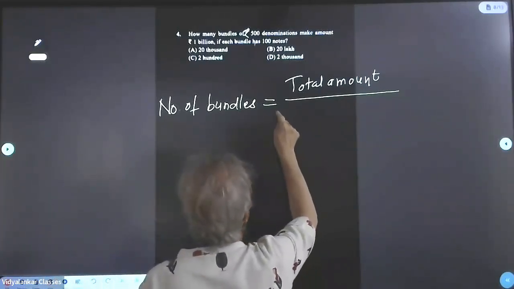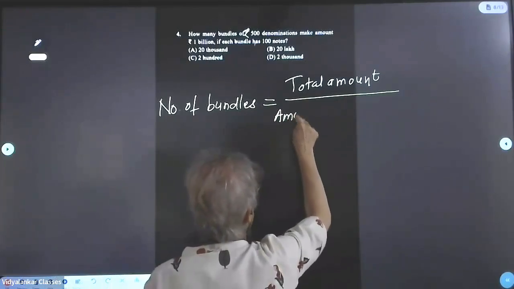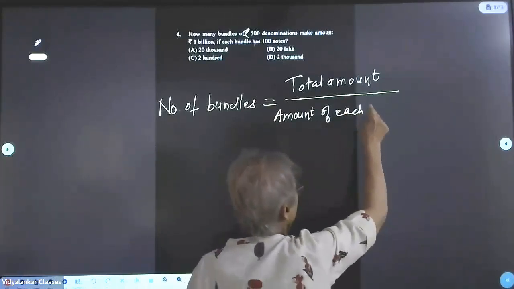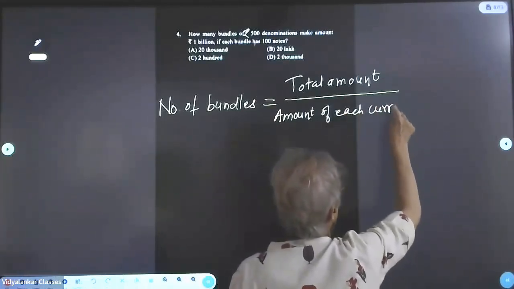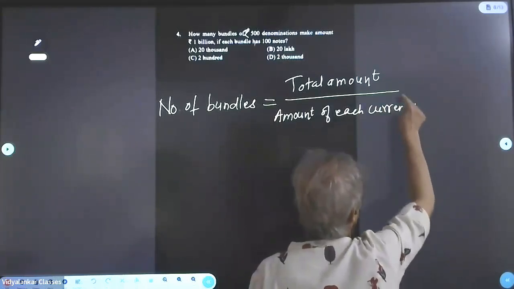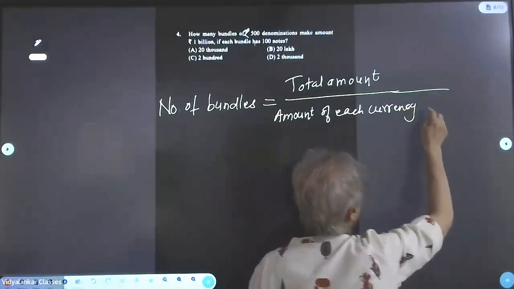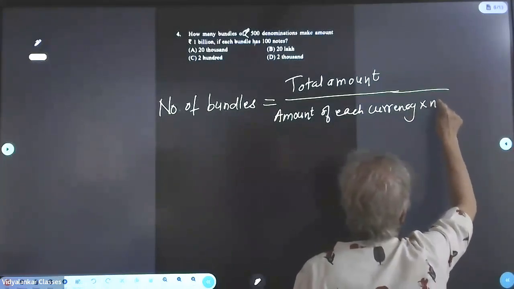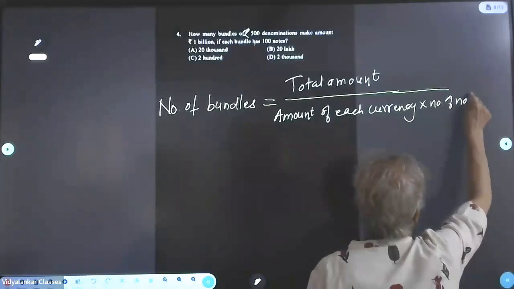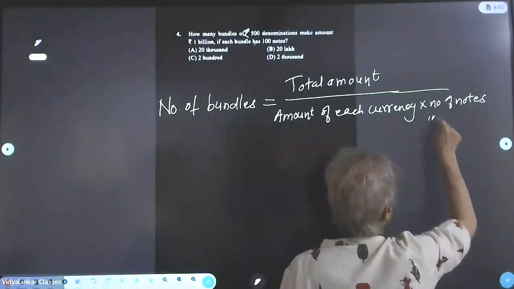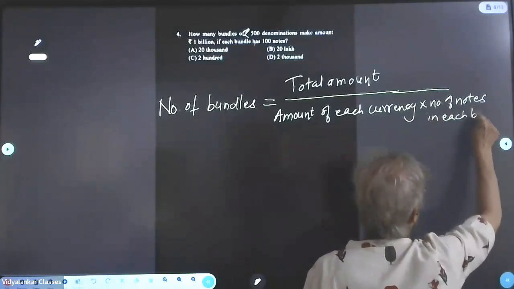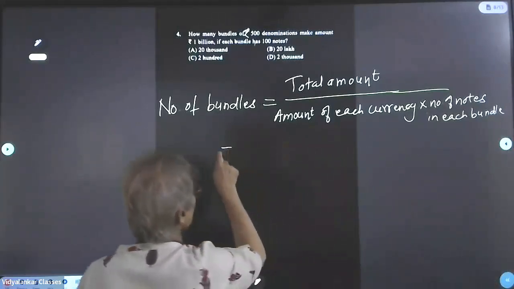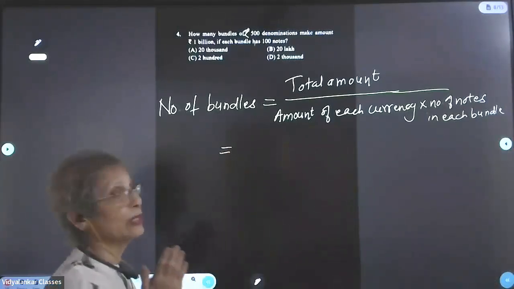So amount of each currency note into number of notes in each bundle. And hence we get the total amount. Now this time the total amount is 1 billion.